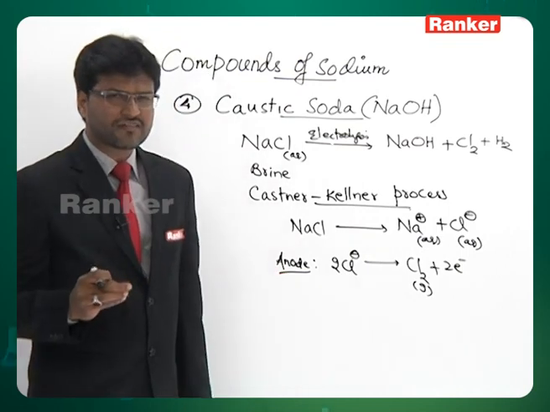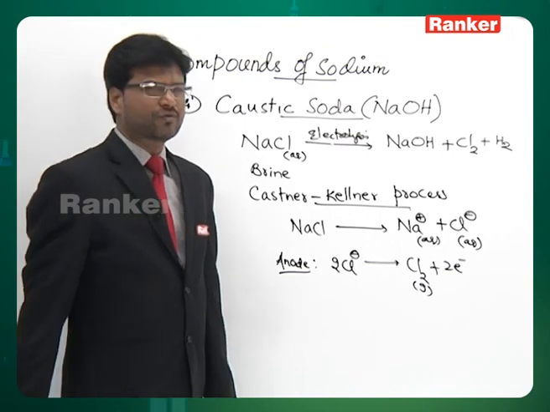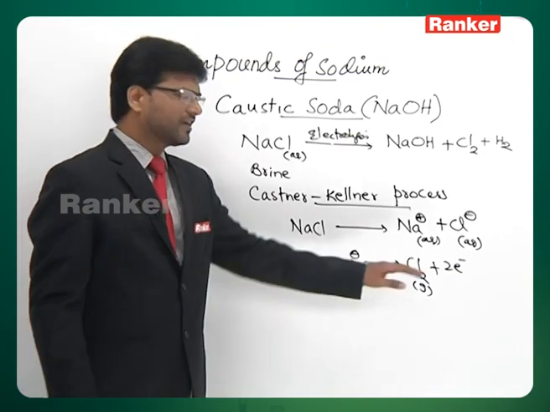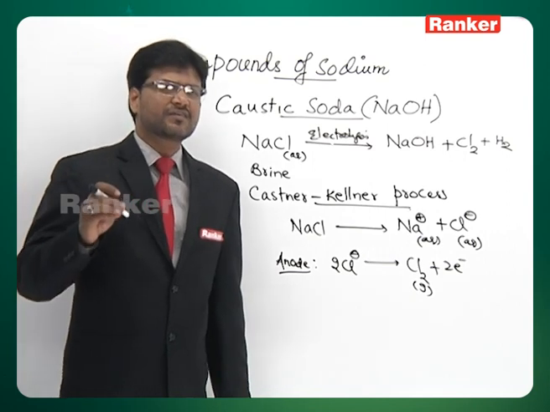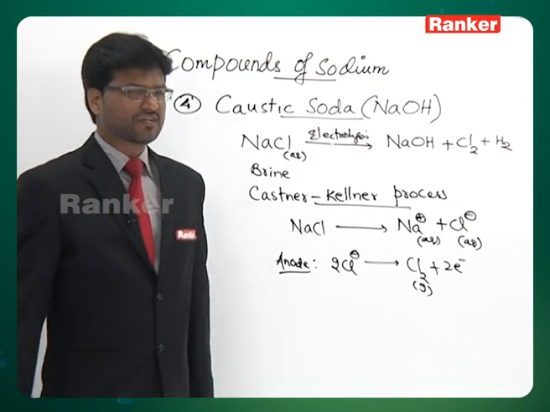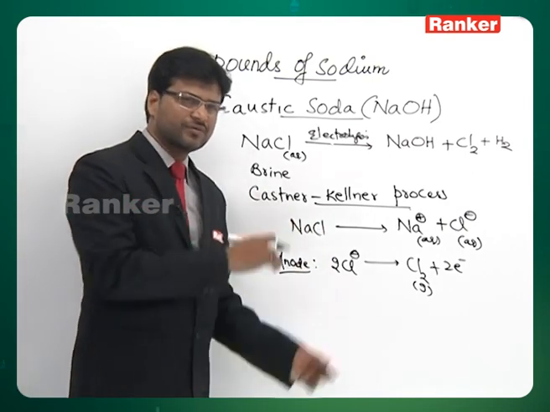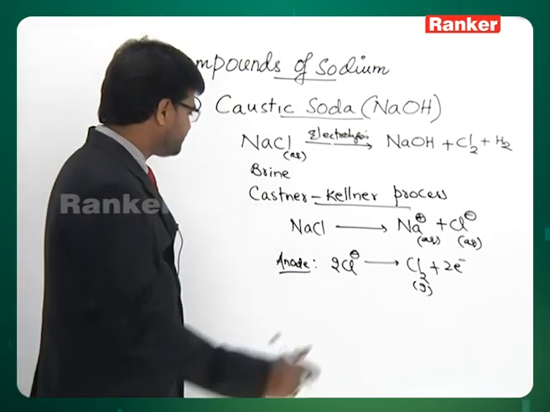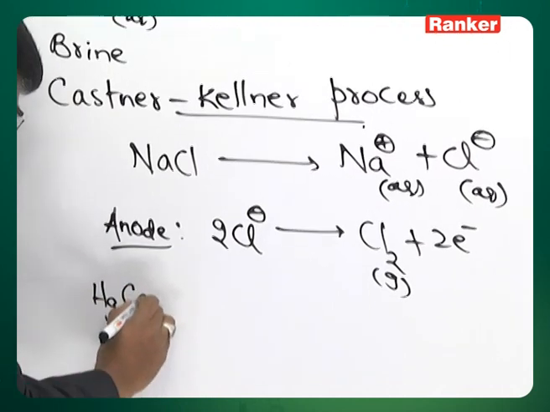Loss of electron is called oxidation. Negative ions move towards the anode, they lose electrons. So in any electrolytic process, at the anode oxidation takes place, that is loss of electrons. These electrons travel through the external circuit and reach the cathode where reduction takes place. Here we make use of a mercury cathode.